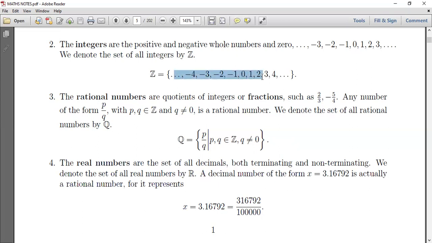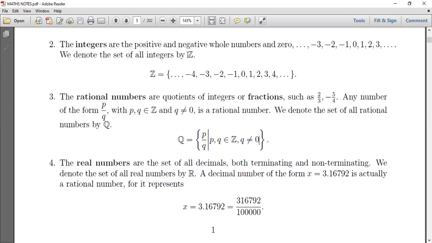If you are able to write any number in this form, P over Q, where Q is not equal to 0 and P and Q are integers, then that number is called a rational number. So this is the mathematical definition of a rational number. And rational numbers are denoted by a capital letter Q like that. So if you are able to write a number as P over Q, and P and Q are integers, and Q is not equal to 0, then that number is called a rational number.